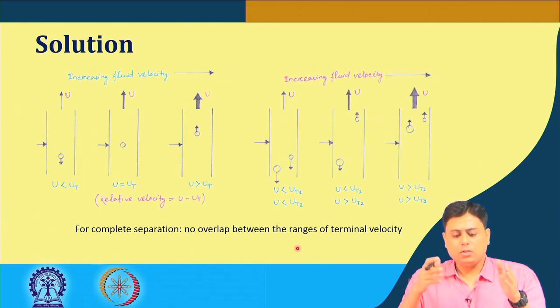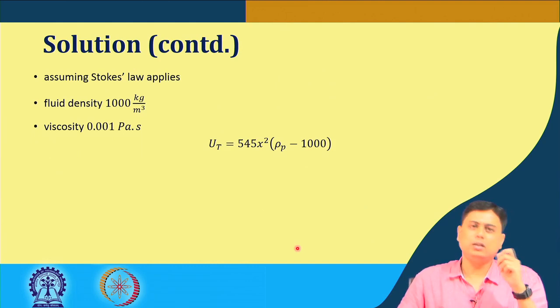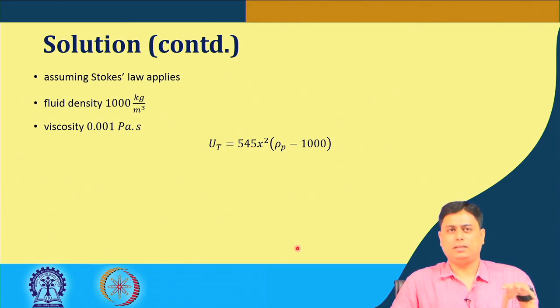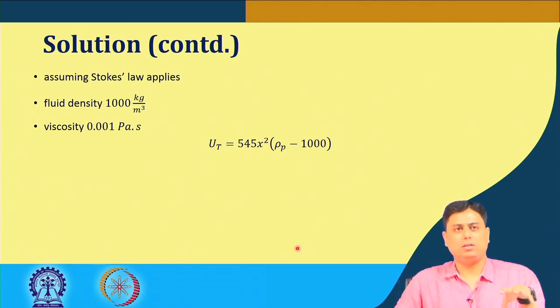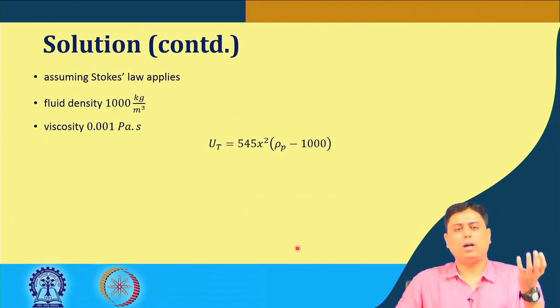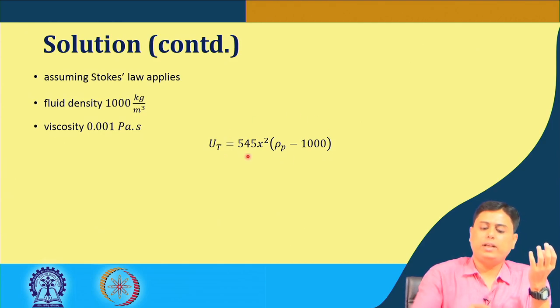So the bottom line is that we have to calculate the uT values by assuming at first that Stokes law applies. For the fluid density, we assume that of water, since it is mentioned that we have to show that by using water it is not possible to separate. For water, the typical values at ambient condition are 1000 kg per meter cube for density and 0.001 Pascal second for viscosity. Using these two values, we use them in the uT expression.